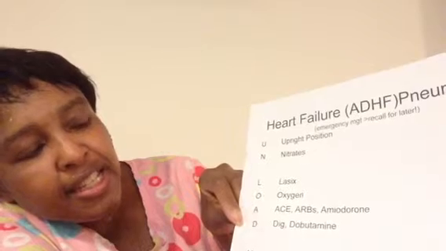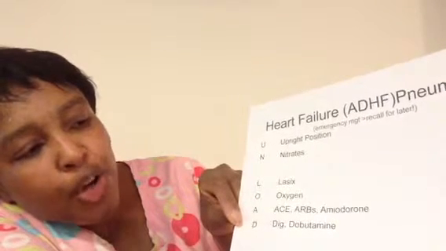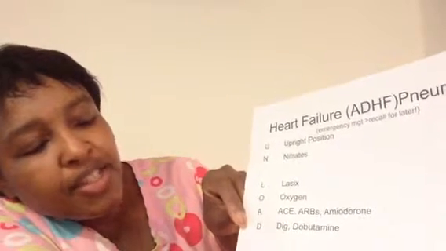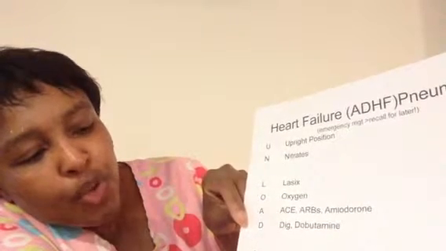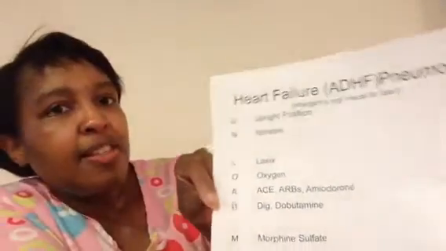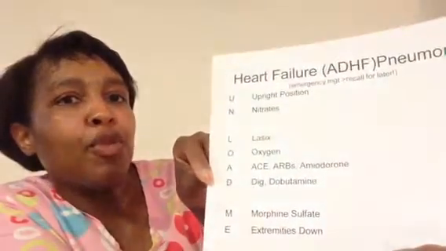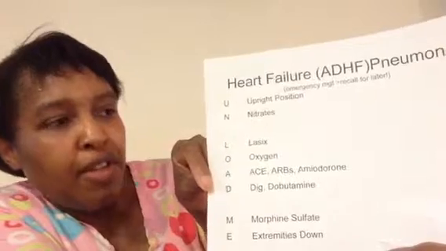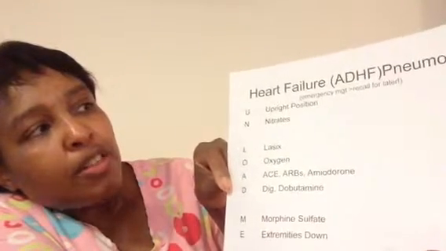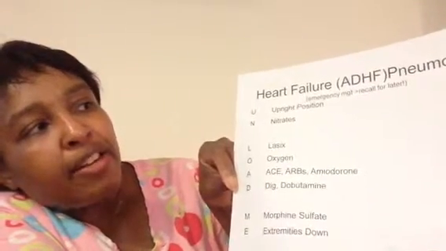A is ACE inhibitors, ARBs or amiodarone. D is digoxin or dobutamine. M is for morphine sulfate. And E is extremities down. So basically, this is a mnemonic to help you remember how to treat a person that's having chronic heart failure or in an emergent situation.